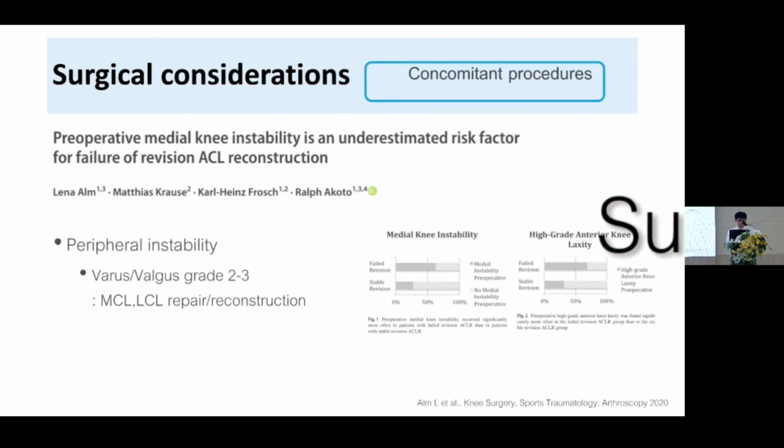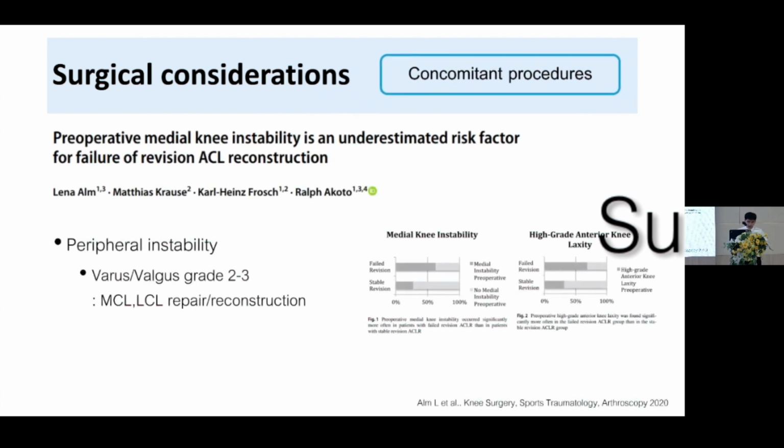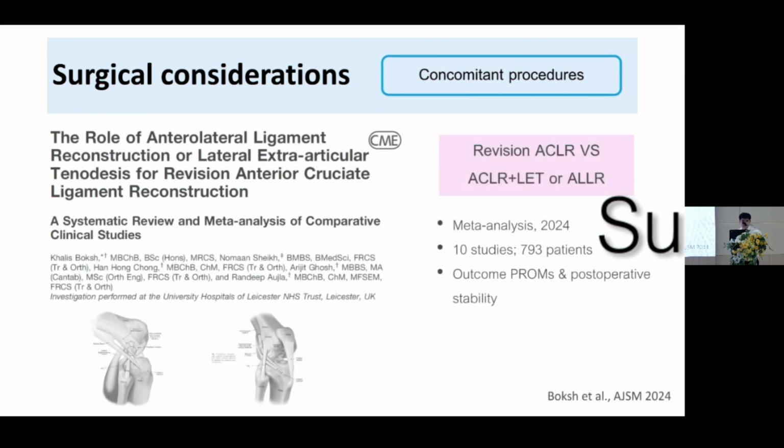Both medial and lateral instability should be addressed at the same time as the ACL revision. The general recommendation for the threshold of the peripheral instability to address is grade 2 and grade 3 instability. About rotational laxity, from the latest meta-analysis, revision of ACLR with extra-articular augmentation has better postoperative IKDC score and lower incidence of rotational laxity in the high-grade pivot shift.